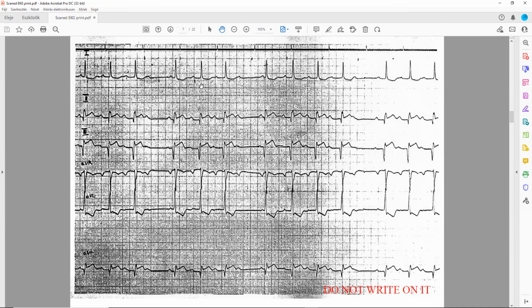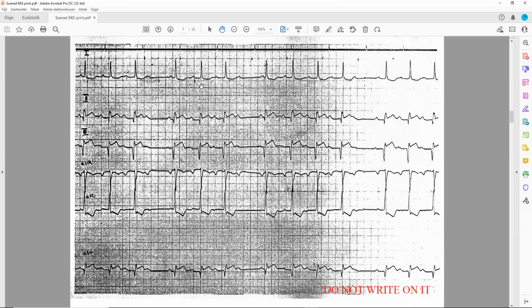What is the definition of a pathological Q wave? When the Q wave is wider and deeper than 1/4 of the R wave.